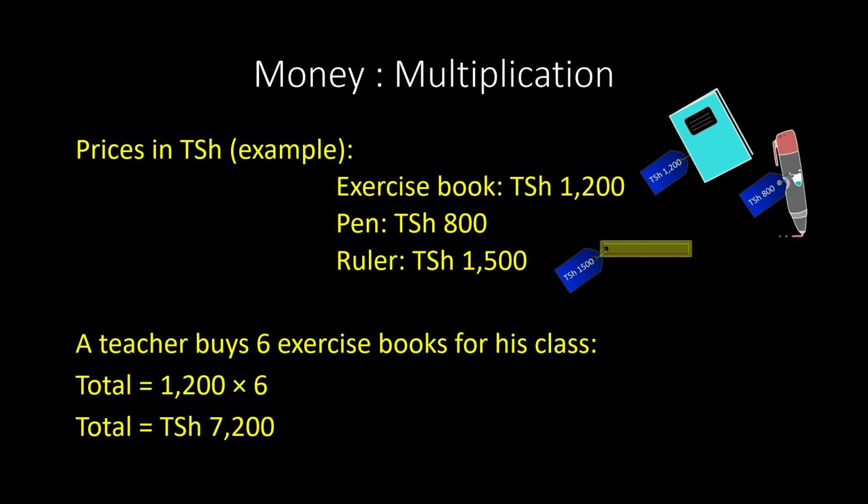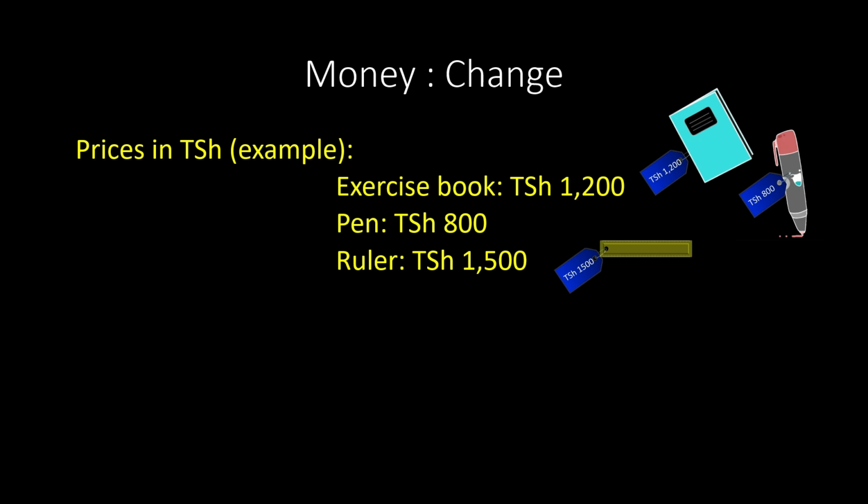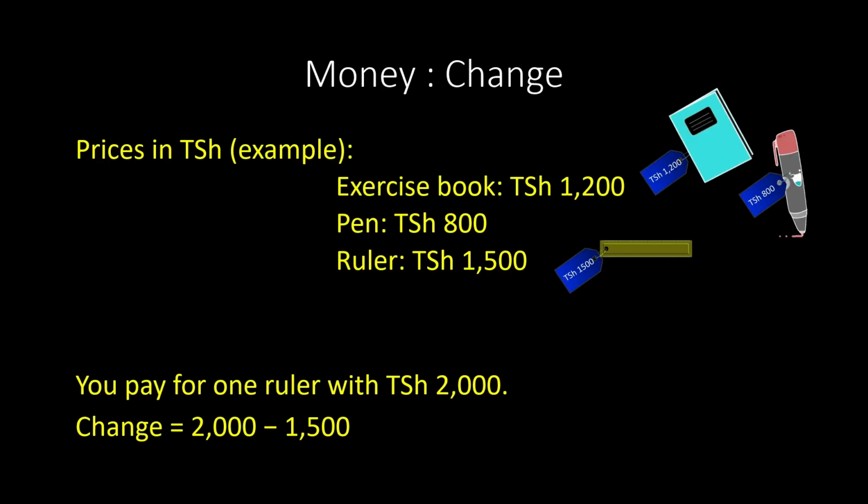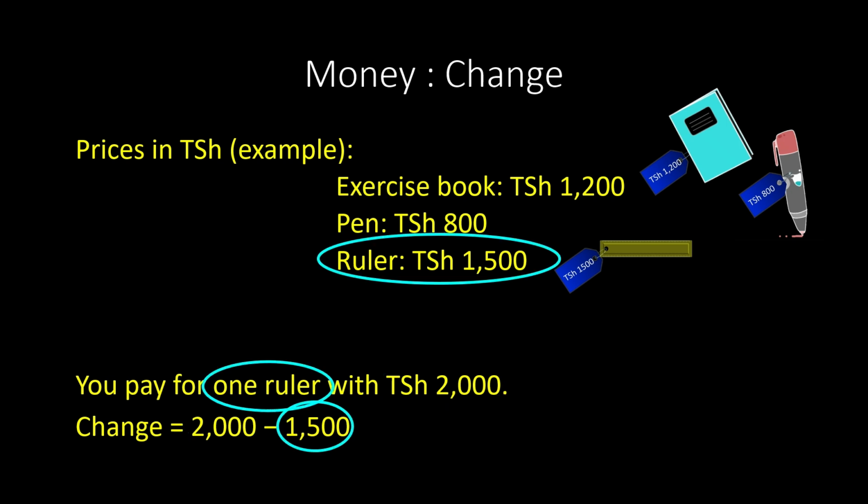Now for another scenario. Suppose you pay for one ruler with 2,000 shillings. How much change will you get? This is a case of subtraction. We subtract. So we pay with 2,000 shillings and the ruler itself costs 1,500 shillings.